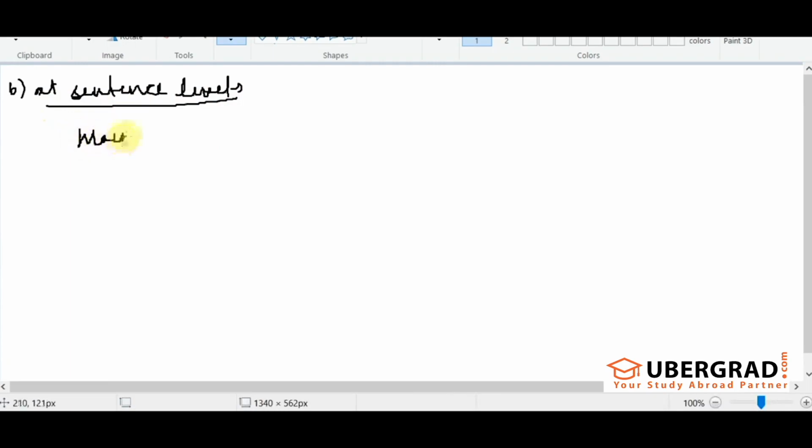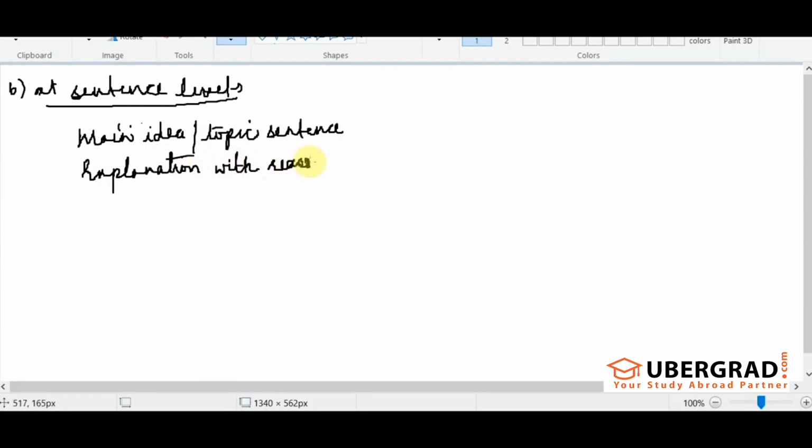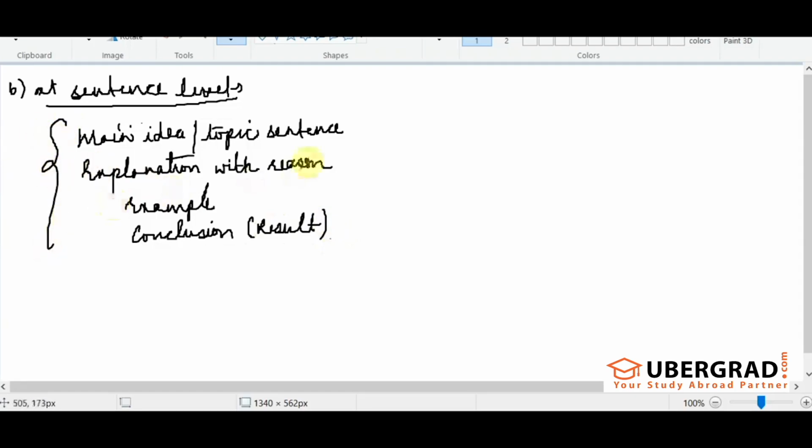The first sentence of all the body paragraphs, or of any paragraph, should be the main idea or the topic sentence, followed by explanation with reason, example, and conclusion, which is known as result. This should be the structure of your sentences in a paragraph.